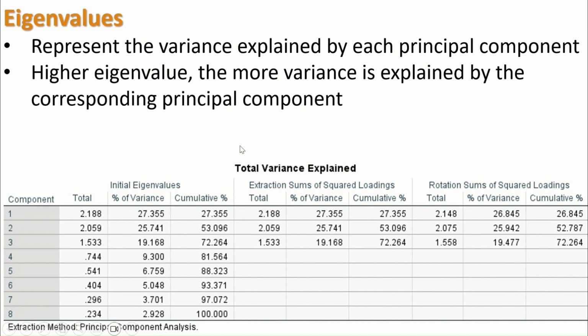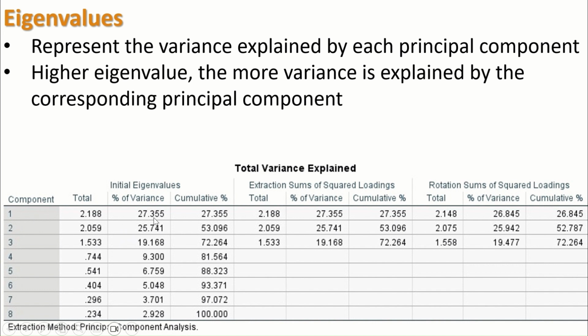Here is a table extracted from a PCA analysis. As shown here, the total variance explained. There are here 8 items, and as shown in the section here, extraction method, principal component analysis, those items have been grouped into 3 major components: component 1, 2, and 3.